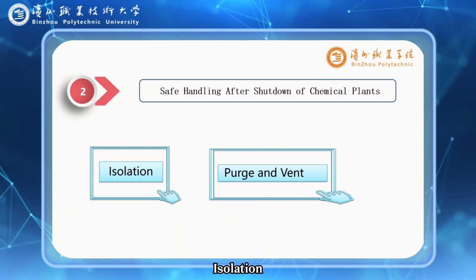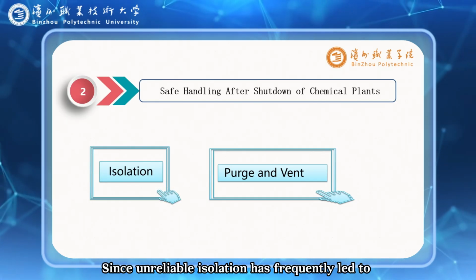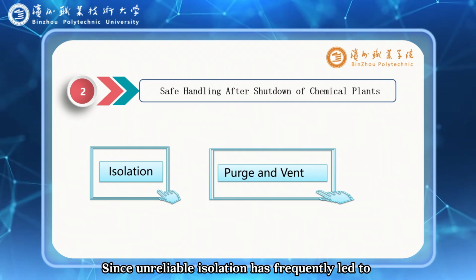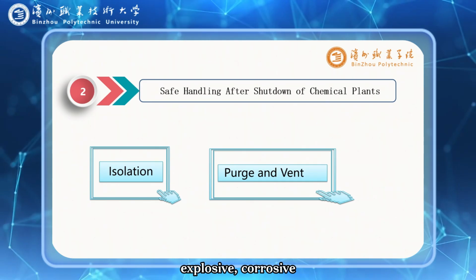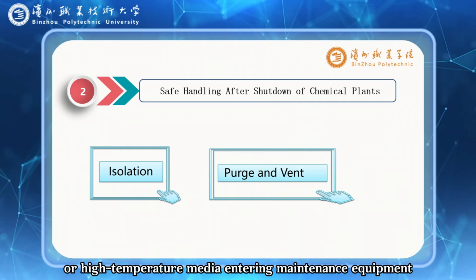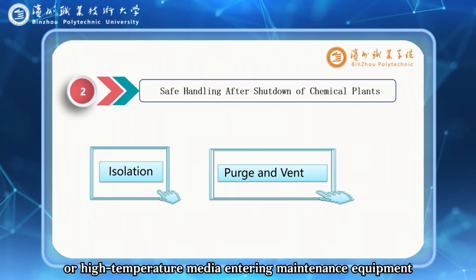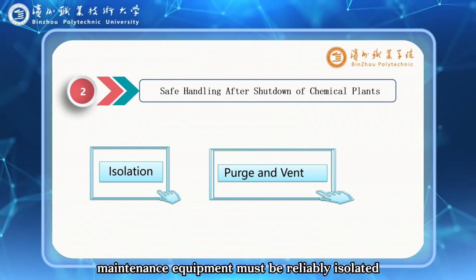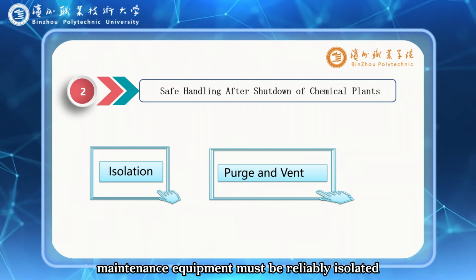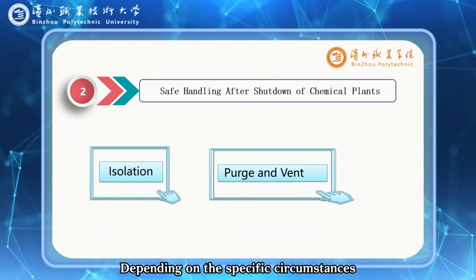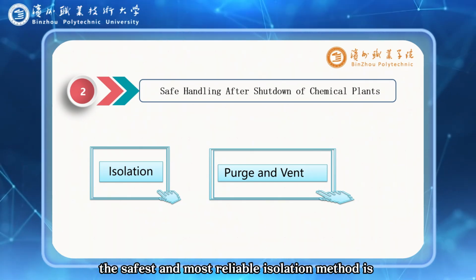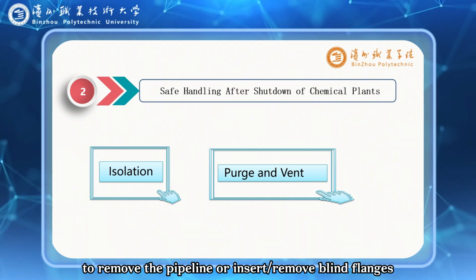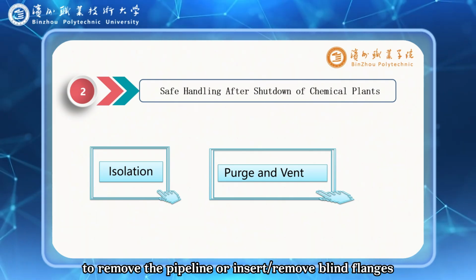First, isolation. Since unreliable isolation has frequently led to major accidents caused by toxic, flammable, explosive, corrosive, asphyxiating, or high-temperature media entering maintenance equipment, it must be reliably isolated. Depending on the specific circumstances, the safest and most reliable isolation method is to remove the pipeline or insert or remove blind flanges.